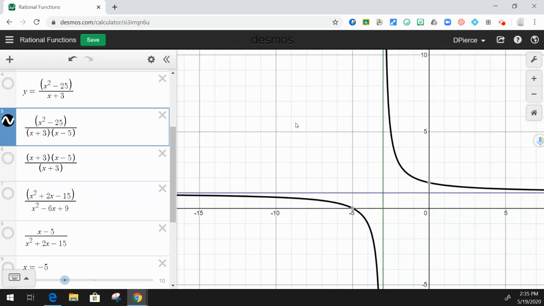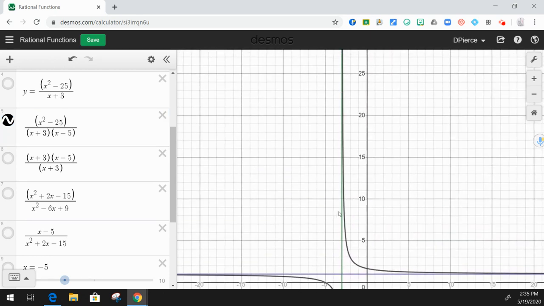If I zoom in or zoom out and move it up and click on this, you can still see that those x values are getting closer and closer to -3, but never actually equal -3. Now, if we focus on the y values, as those x values get closer and closer to -3 on the right, the y values are just getting bigger and bigger and bigger.